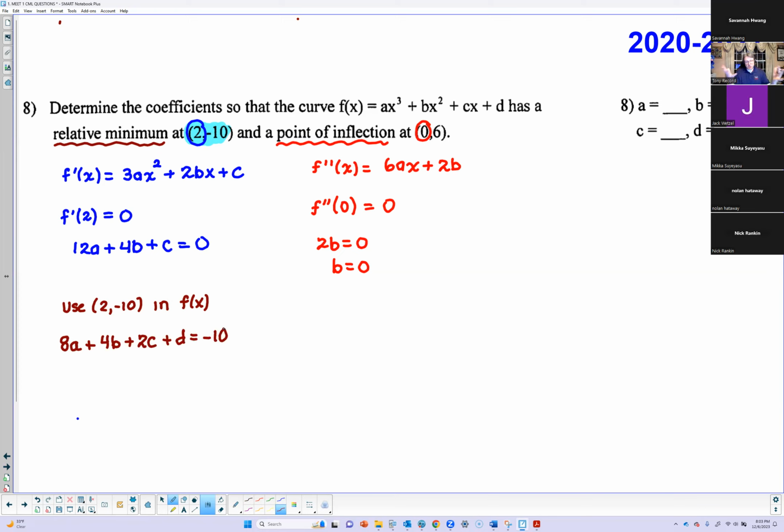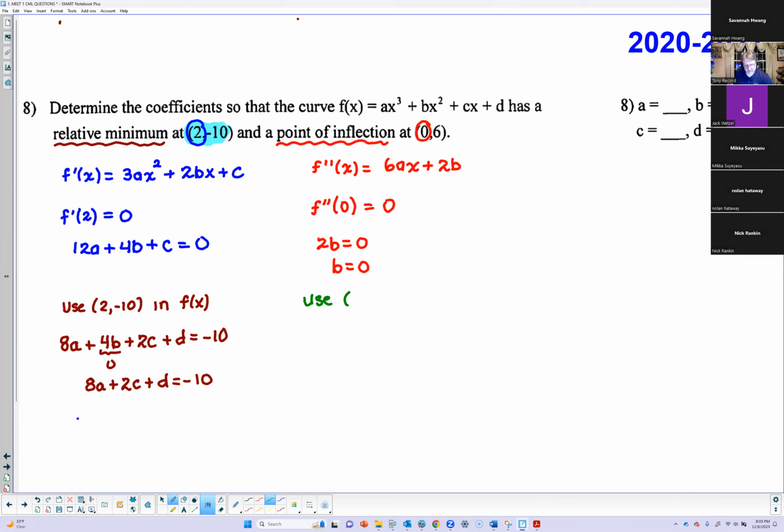Okay? And yeah, you guys are right. The b is already 0, so I could have just gotten rid of it altogether. So I have this equation. Only bad thing is it still has an A and a C and now a D in it. Well, let's be patient, because don't we have another point that we can do the same stuff with?